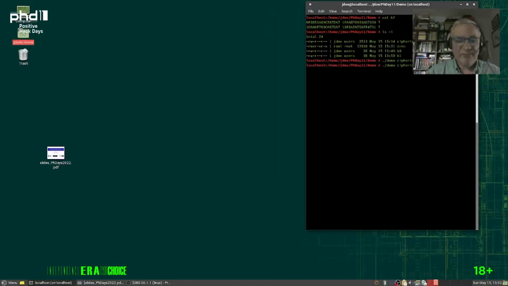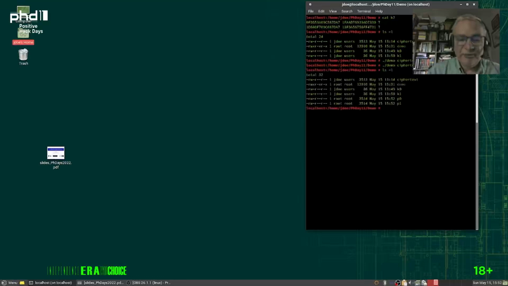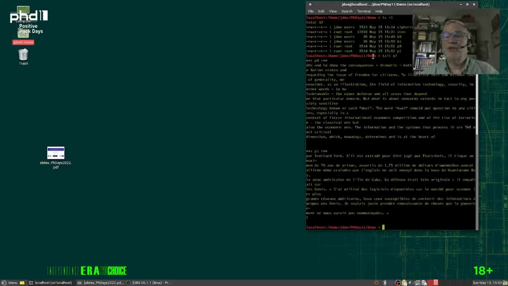And we do the same with the second key. What you can see is that the two plaintexts are different. Here is the first plaintext and the second one. They are totally different. So it means that from one ciphertext, using the same small algorithm and two different keys, we can produce two different plaintexts.